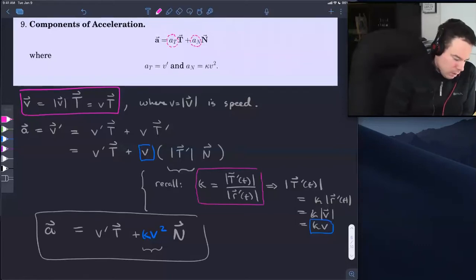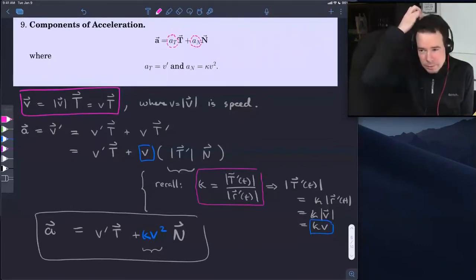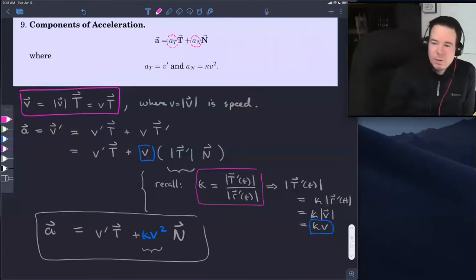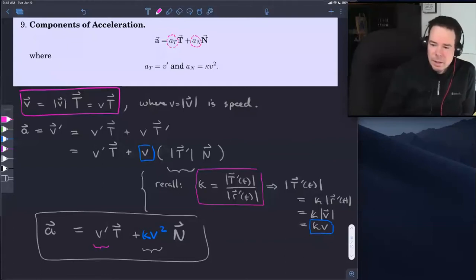The interesting thing to note here, when you look at this, it's a formula. At the end of the day, we've got this formula that tells us what the acceleration is. But what we should be able to do is look at this and say a little bit more about what this formula is telling us. So the two key points here are that the formula has a component that's in the tangential direction and a component that's in the normal direction.